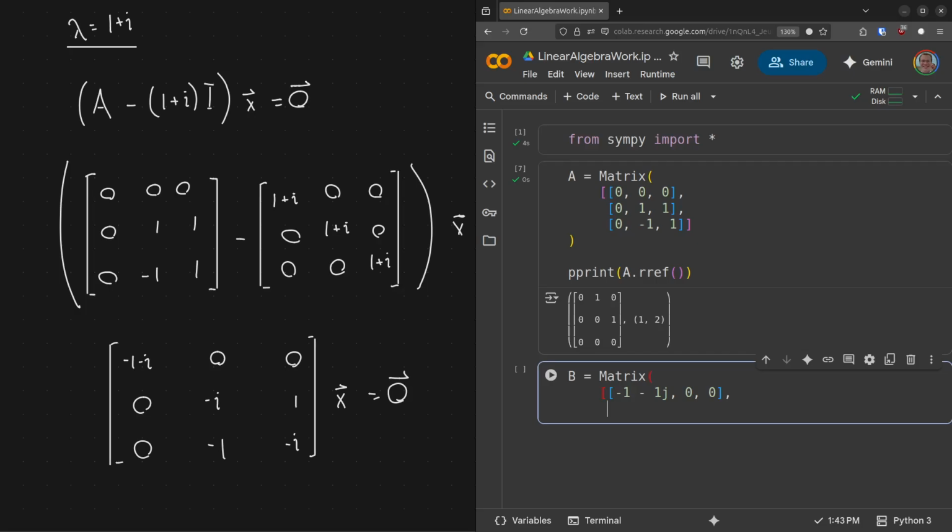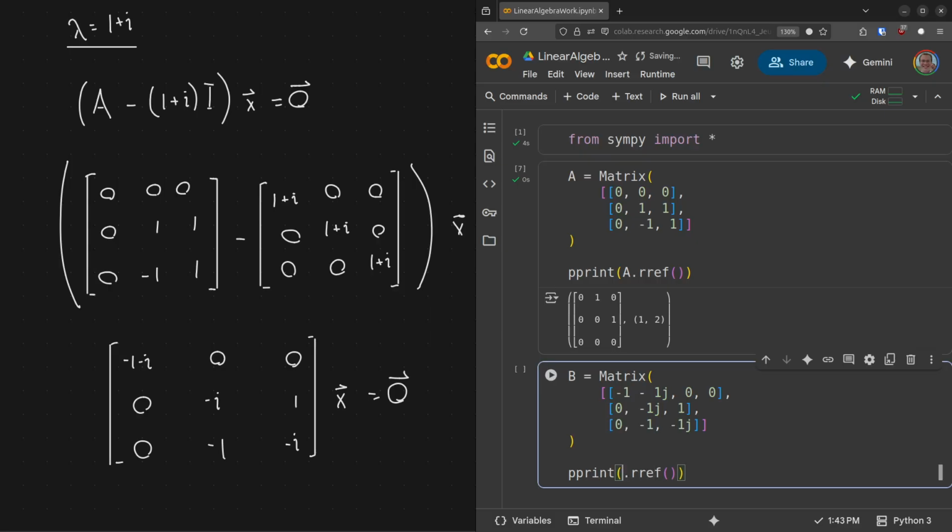Second row: 0, negative 1 times the imaginary number, 1, and then 0, negative 1, and then negative 1 times the imaginary number. Let's make sure we get the correct matrix here.